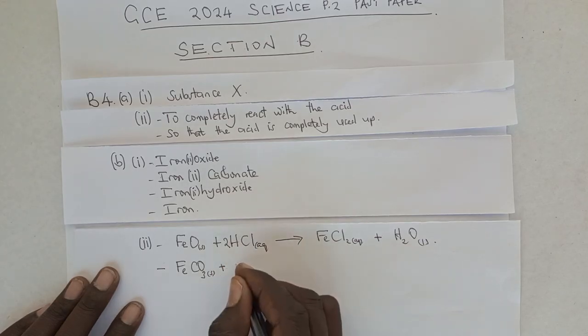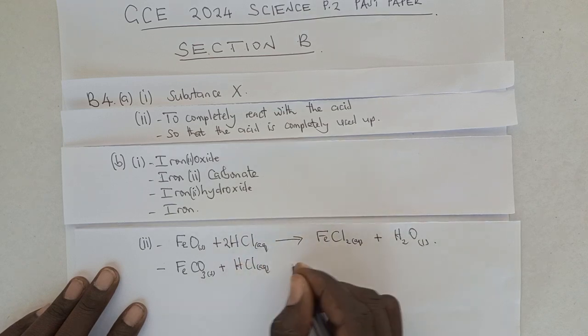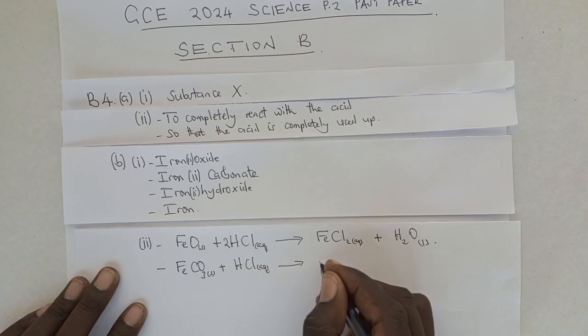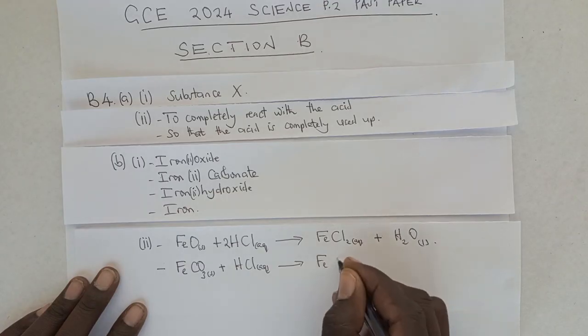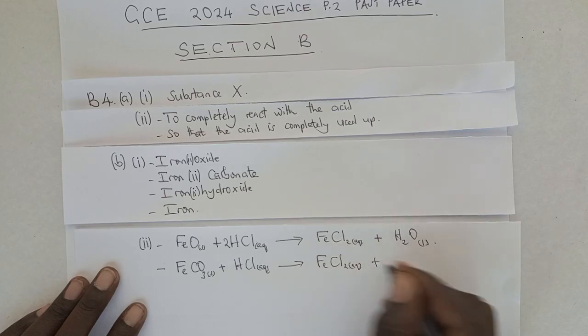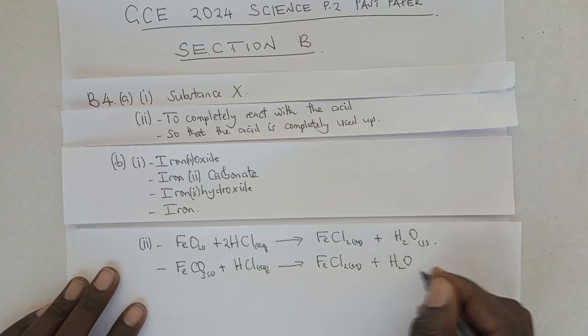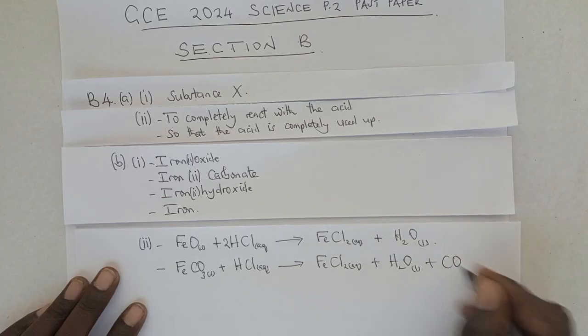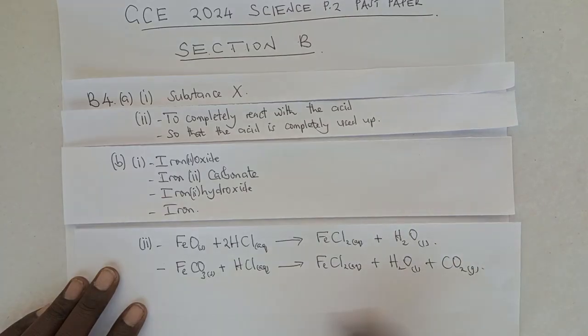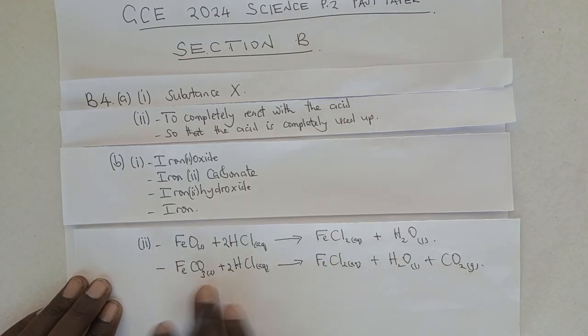So plus hydrochloric acid, dilute hydrochloric acid in aqueous state to give us iron 2 chloride in the aqueous state plus water plus carbon dioxide gas. Is the equation balanced? No, we need to put a 2 here. Is the equation now balanced?